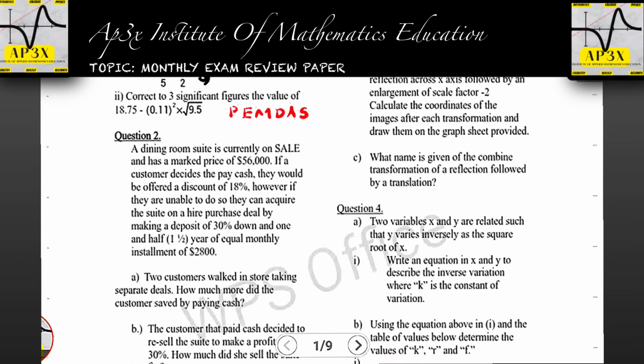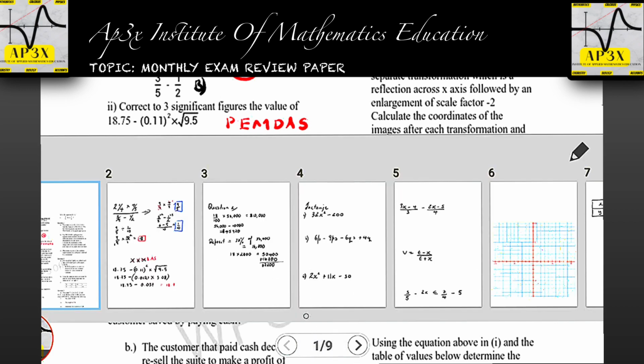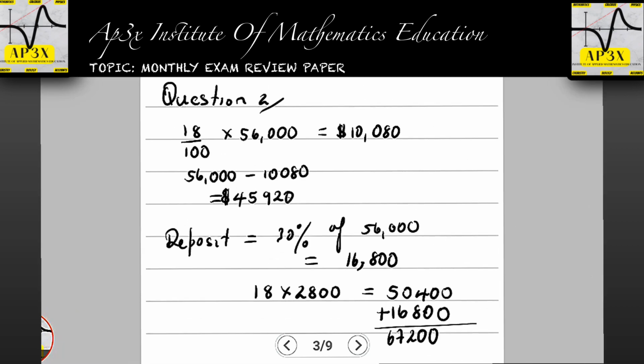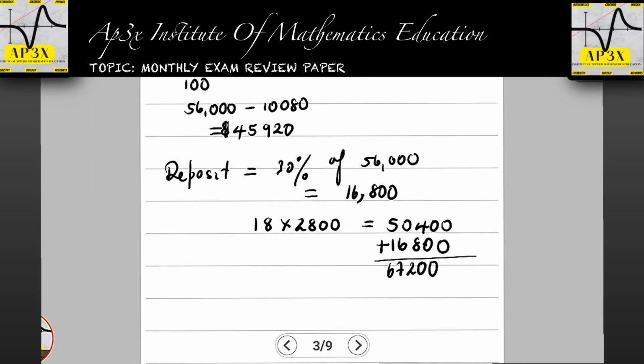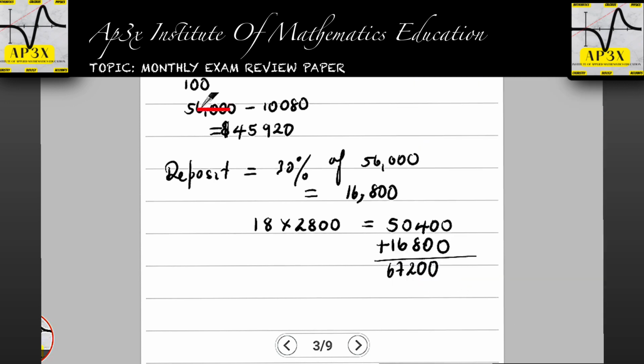So remember that we already calculated that the customer paying cash paid $45,920, and the customer paying higher purchase paid $67,200.